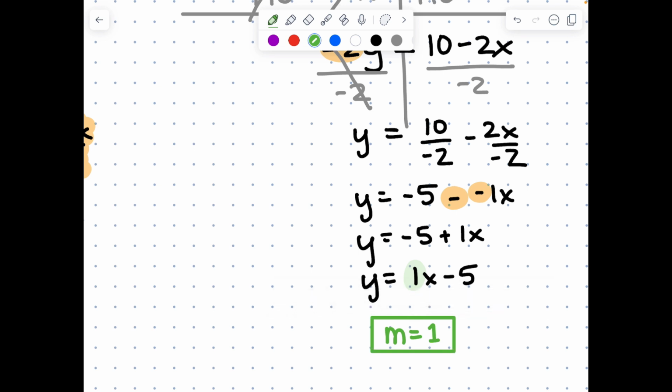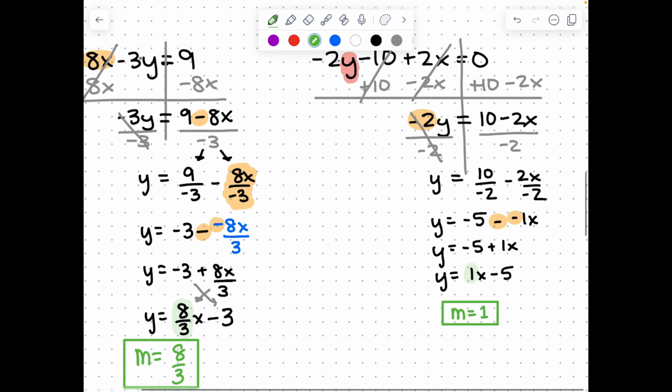So hopefully by now you can see how helpful that slope-intercept form is in finding the slope of a line. Now, I will tell you, we didn't always have to get this into the perfect slope-intercept form to find our slope. We had the 8/3 right here. We had the 1 right here.